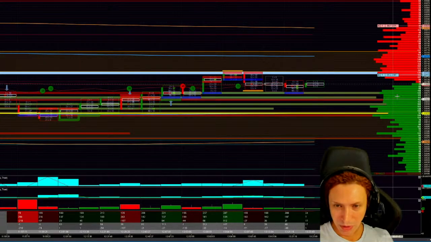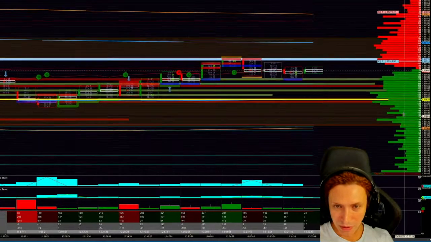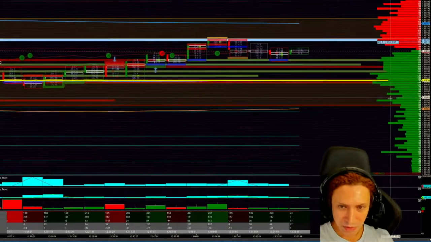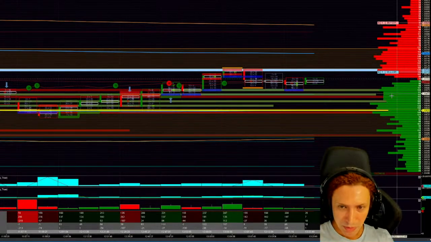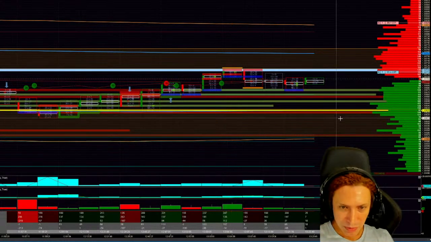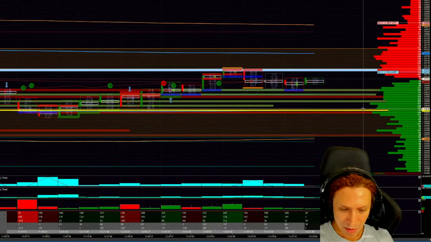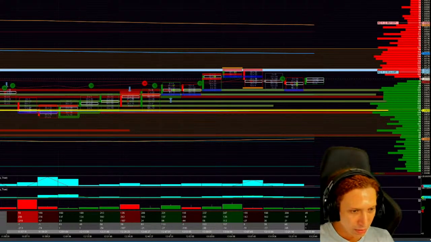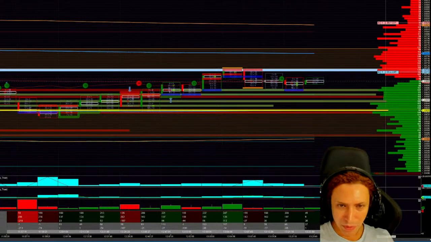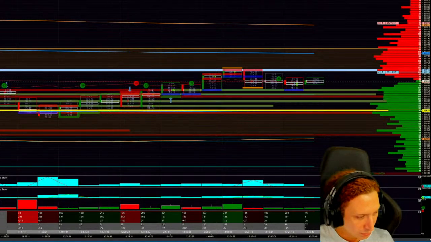So it's not giving me too much information. So at the moment, my exit should be about this yellow line. Okay, so let's wait and see what happens in a few minutes.